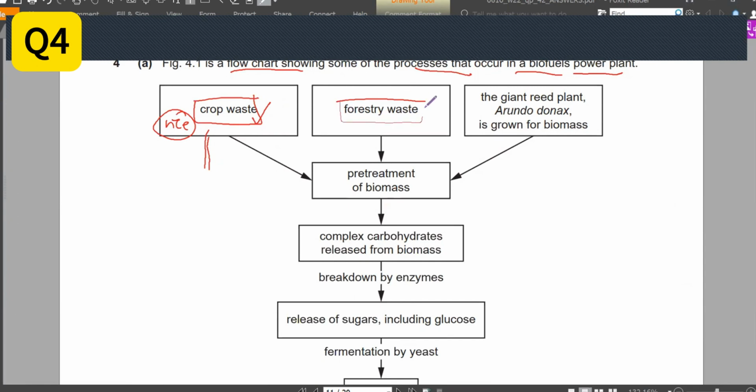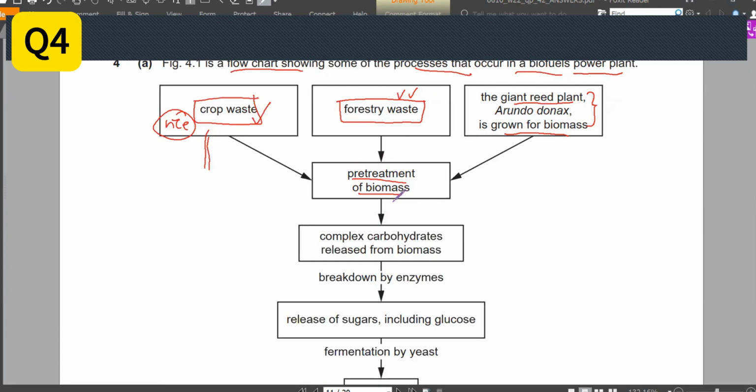Forestry waste: if we cut down a tree, only some parts of the tree can be used, and the rest will become waste. We can use that. A giant reed plant grown for biomass. So we can also find some types of plants that are very suitable to be converted into biofuel.